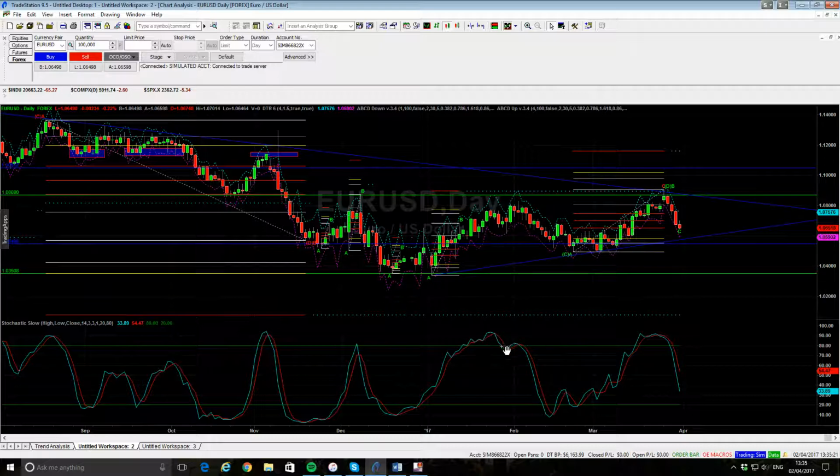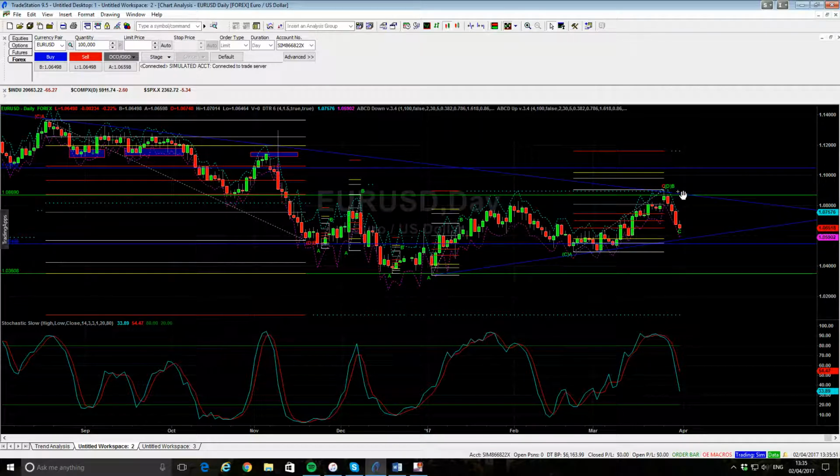Every time the stochastic gets up into the overbought or oversold areas, we're looking at a crossing back into the normal price action, and we're looking at a sell-off until we get into the oversold, and then we're looking at a buying price action. So this is typical for a range trade, and we're looking for a confluence between several different analysis techniques that I've already spoken about.